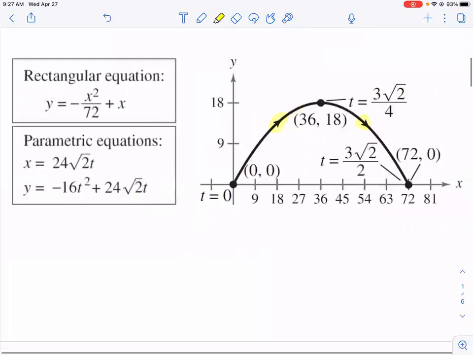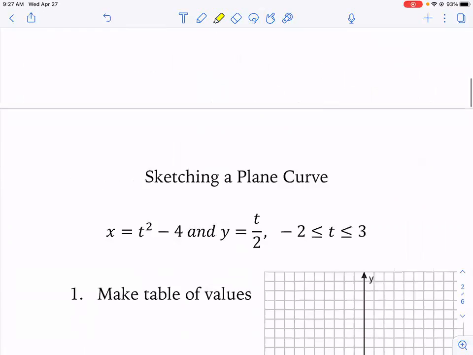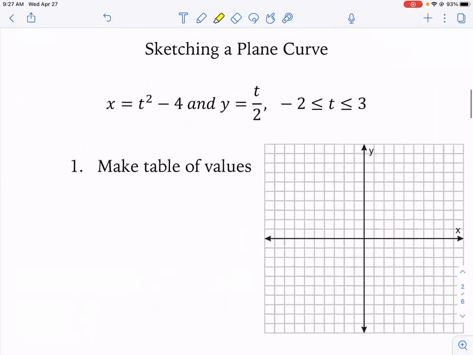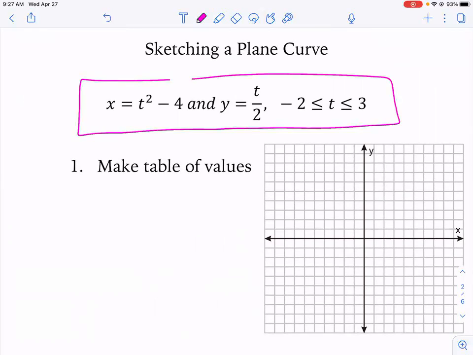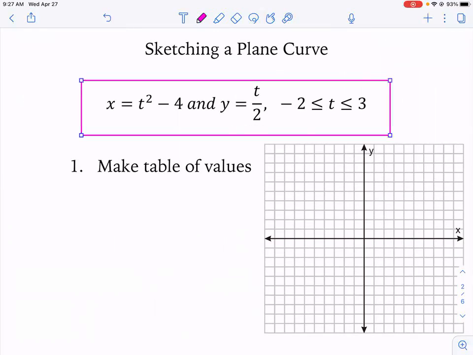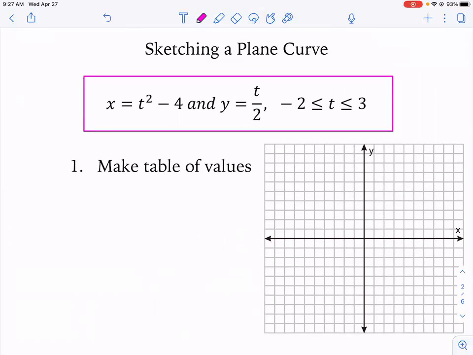So here we go. Let's talk about how to graph a parametric equation. Are you ready? Okay. Go ahead and write down this right here. XY axis, yes.